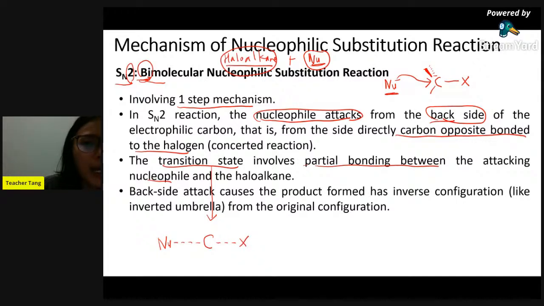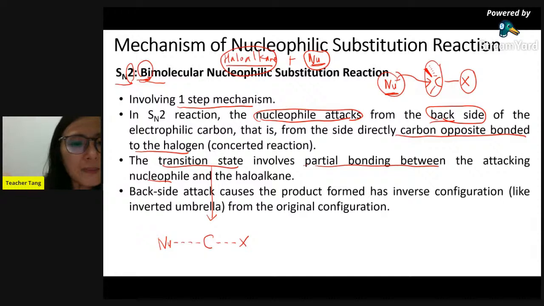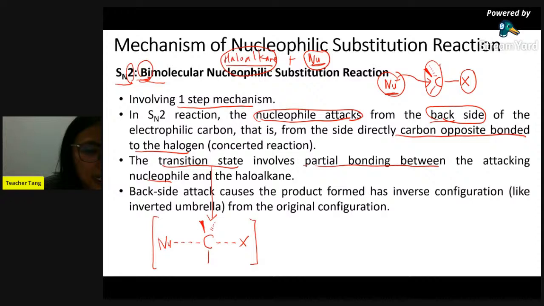Okay, and remember last semester you learned, so ini ada 3 bond, 4, 5. If 5, it will be trigonal bipyramidal. So when you draw the transition state, because there are 5 bonds, you need to draw trigonal bipyramidal. So like this. Okay, so this is the transition state.